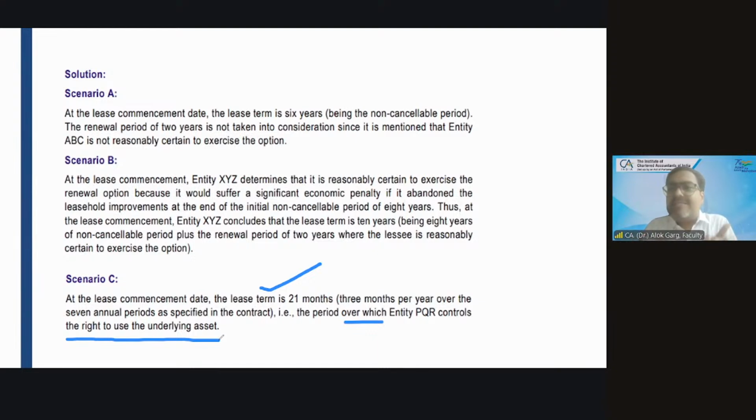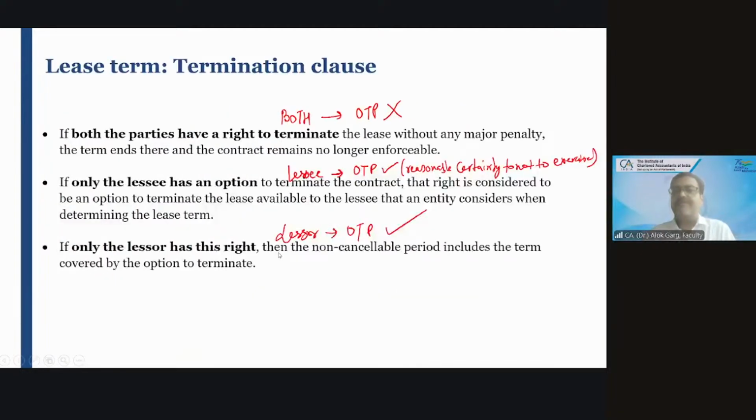Since the premise is not available for the other 9 months, the shopping center is giving this space to some other party, not to this party. So for those 9 months, this is not an identified asset for the lessee. So the lease term is 21 months.